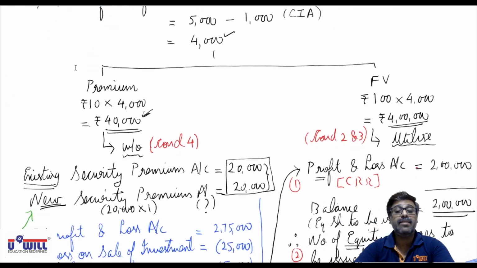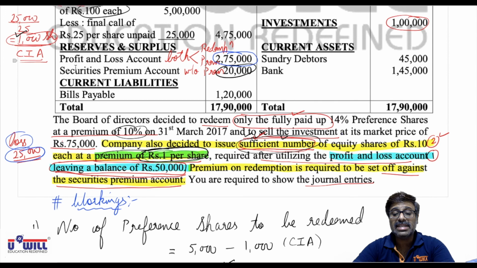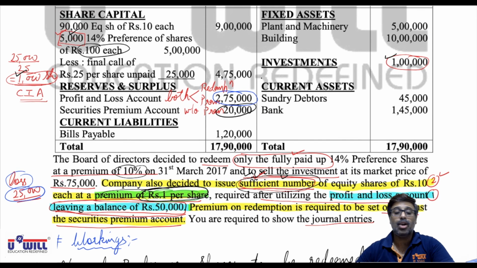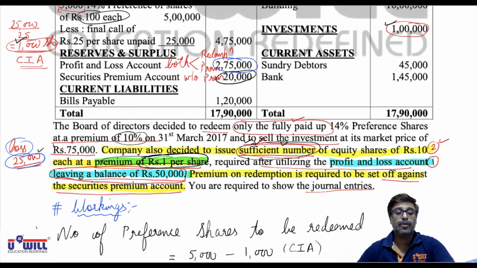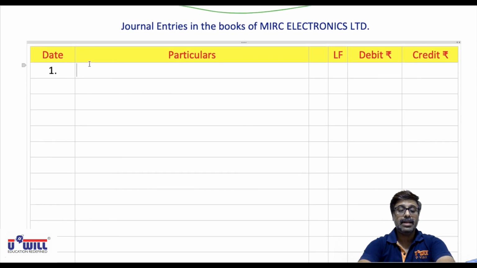So we straight away start with the 6 accounting entries we have studied. First is sale of asset. Investments of 1 lakh are sold at a loss of 25,000 for 75,000. So first entry will be: bank is the receiver, debit the receiver, bank account debit with 75,000. 25,000 is our loss.